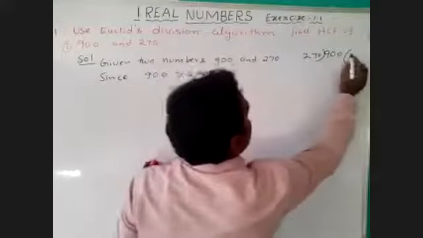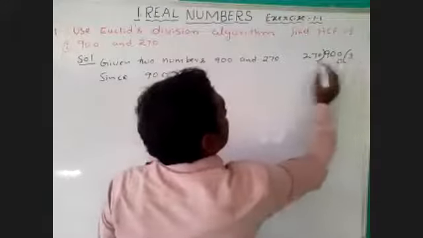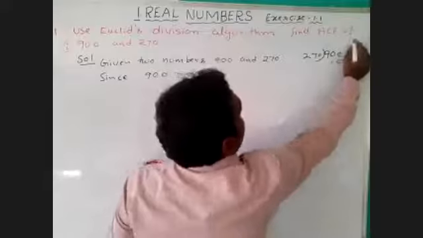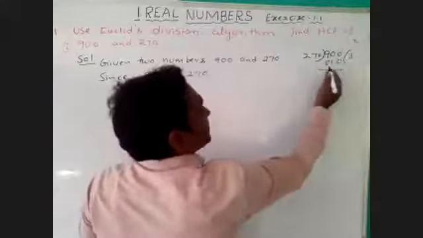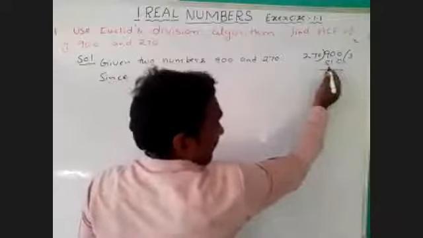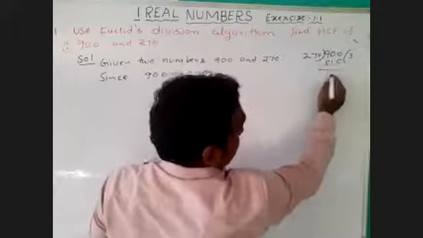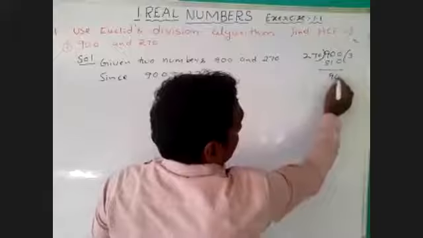How many times? Suppose 3 times. 3 zeros are 0, 3 sevens are 21, 3 twos are 6 plus 2 is 8. So 900 minus 810 is 90, the remainder.